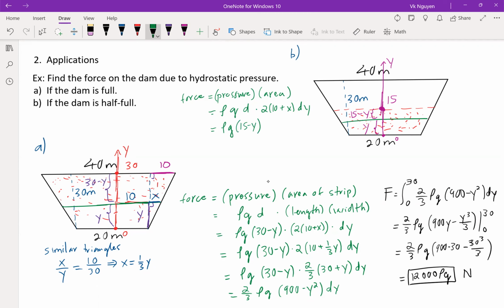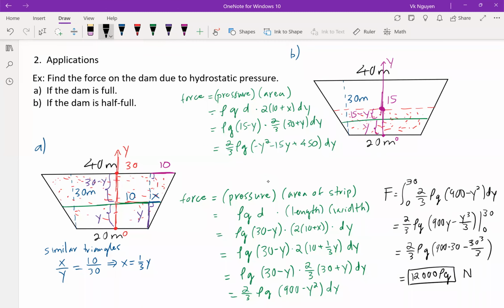And the area would be the same: 2/3 times (30 plus y) dy. Multiplying them together, we have 2/3 rho g times (minus y squared minus 15y plus 450) dy.